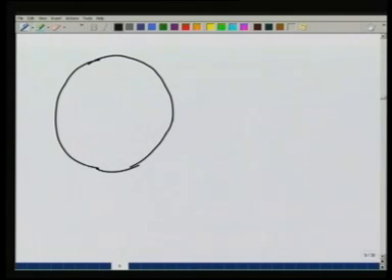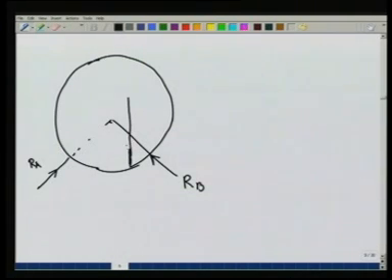and see what all forces are acting. There will be a force R A acting here, there will be a force R B acting here. The man is at this distance 700 millimeters.